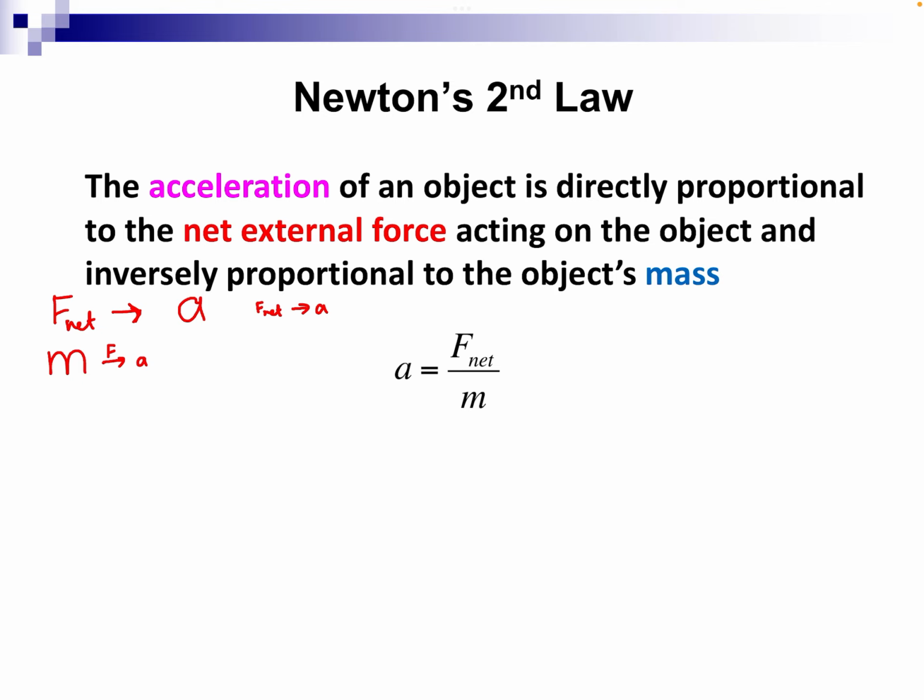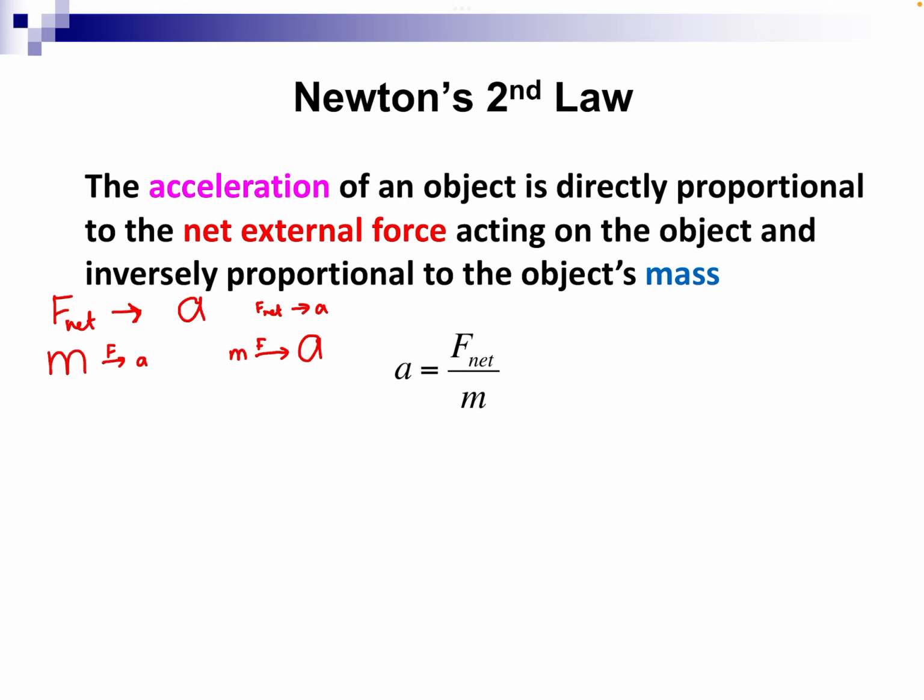If you try to push a car, the car will move only a little bit. If you exert the same amount of force on an object with a smaller mass, then that object will have a bigger acceleration.